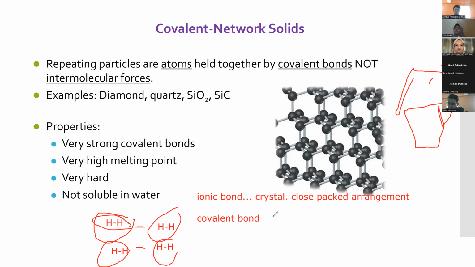But some covalent compounds can form covalent network solids, for example diamond, quartz, silica, or silicon carbide. These are covalent, but the particles are not individual.